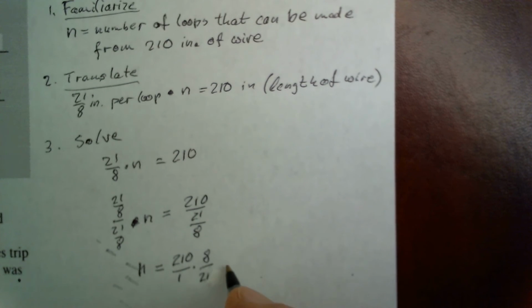So we can write 210 as 21 times 10 times 8 divided by 21 times 1. And 21 divided by 21 is 1. So that means n equals 10 times 8, or 80 loops.